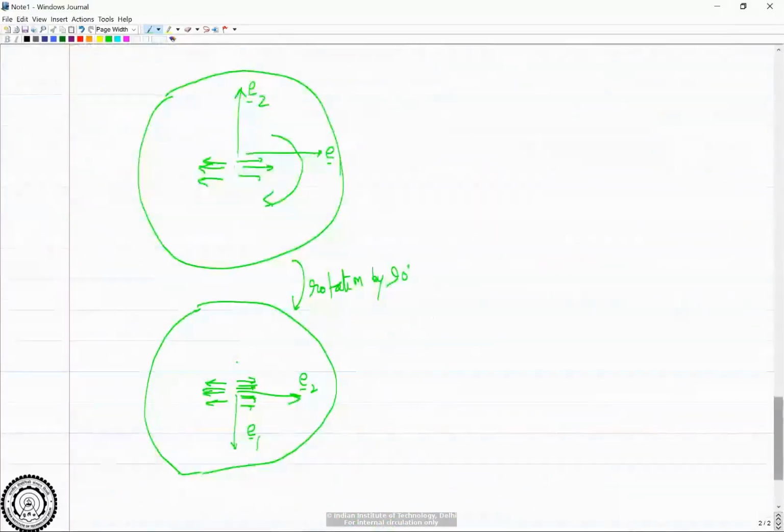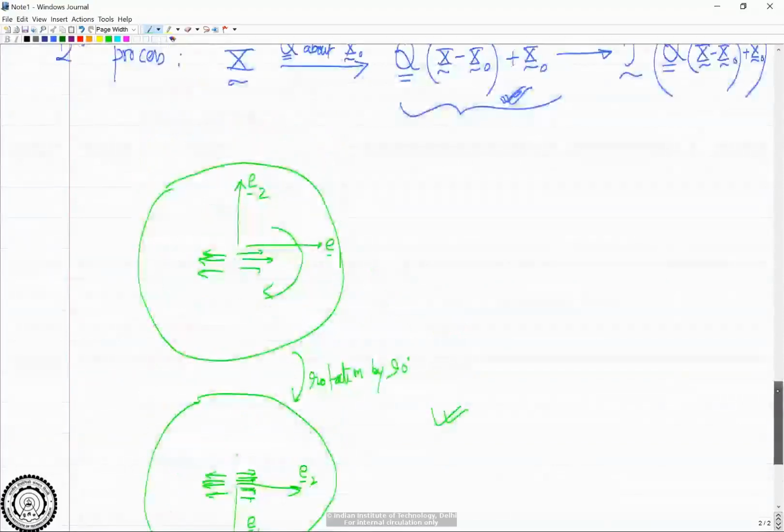Well, anyway, this is not a nice example because I chose a circular body which, when you rotate, looks exactly the same because this body also has that symmetry. But this concept can be applied to an irregular body also, just like here.